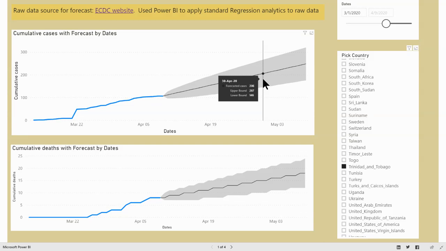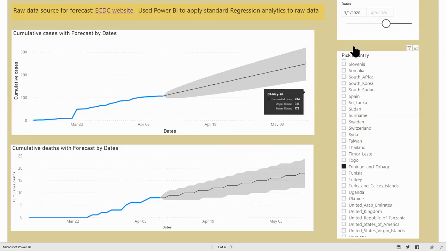It's very difficult to predict, given that we have this short time horizon. The gray area here represents the upper and the lower confidence limits in terms of the accuracy of the forecast. So by the end of April, the cases would have risen to probably somewhere between 146 and 267, and the average forecast would probably be more like 206.